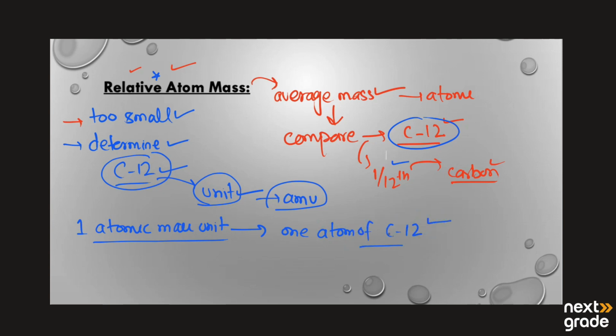We may also denote this in grams. So relative atomic mass is the average mass of an atom of an element compared to carbon 12, as we take 1/12 of the mass of the carbon and compare it with the mass of the atoms, and that is known as relative atomic mass.